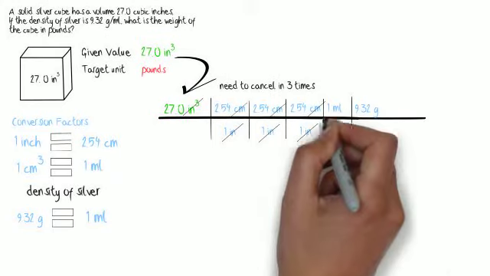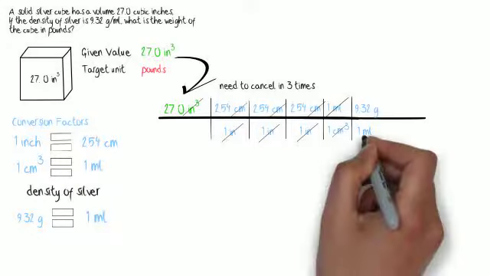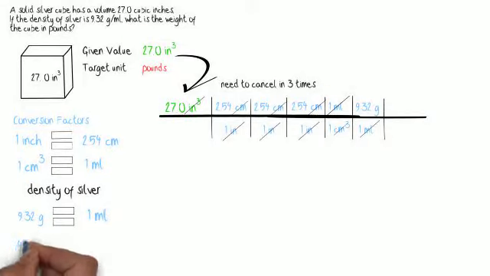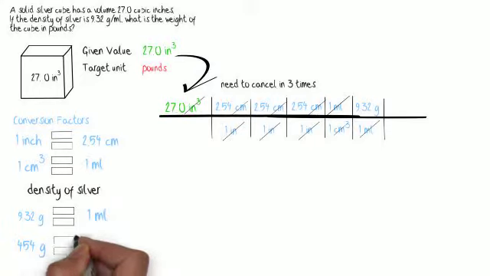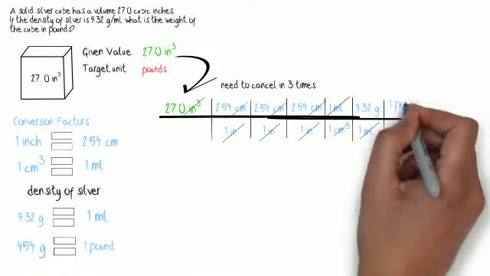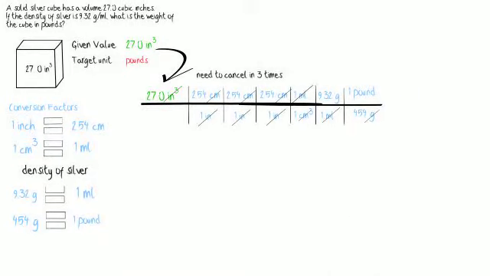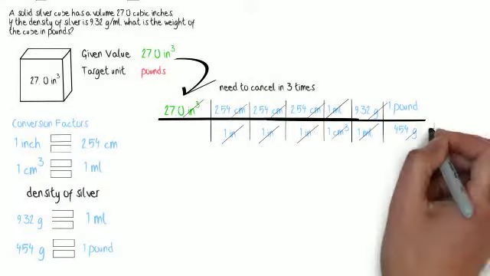The milliliters will cancel, and we're into grams. And one more step, just like in the gold bar problem, 454 grams is 1 pound. So we'll put the 454 grams on the bottom and the 1 pound on top. Remember, units have to be diagonal in order to cancel. And we're left with pounds as our target unit.